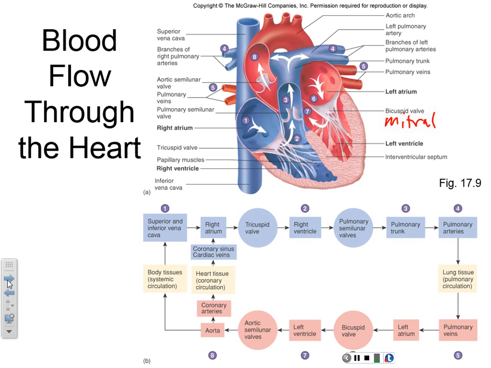All right. So here we did the pulmonary circulation from the pulmonary trunk over there. The pulmonary veins, 4 of them, will lead to the left atrium, and then the bicuspid valve, or mitral valve, and then left ventricle, and then the aortic semilunar valve goes to the aorta.